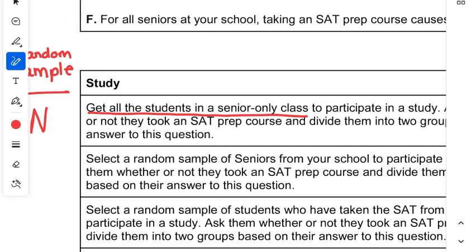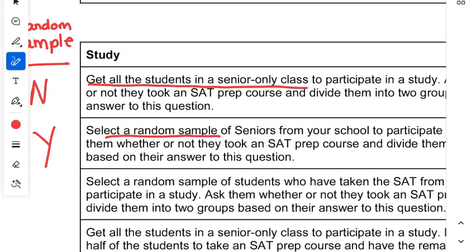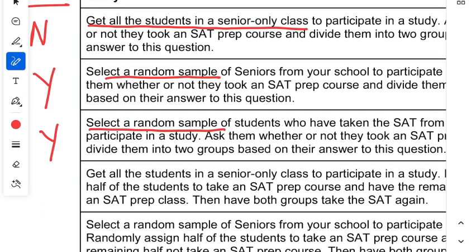Okay, the next one, select a random sample. Yes, they did do a random sample on the second one. The next one, select a random sample. Yes. Next one, get all students in a senior-only class. No random sample.